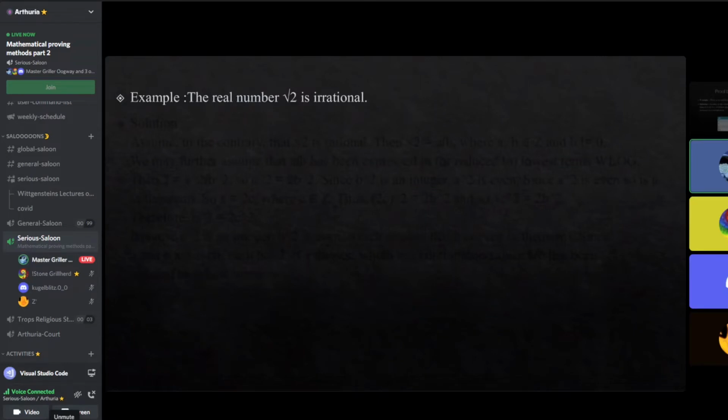And this is, I think, among the most famous examples because it can be shown with a lot of different proving methodologies. You can show that the square root of 2 is an irrational number in a lot of different ways. What we will be showing here is a sort of proof by cases, and we'll also be using contradiction, of course, because we want to show the contradiction.